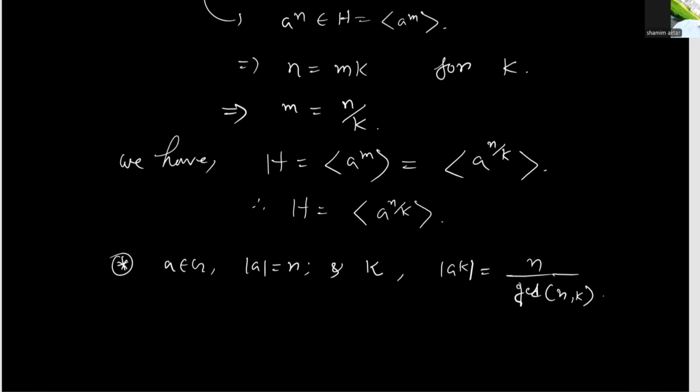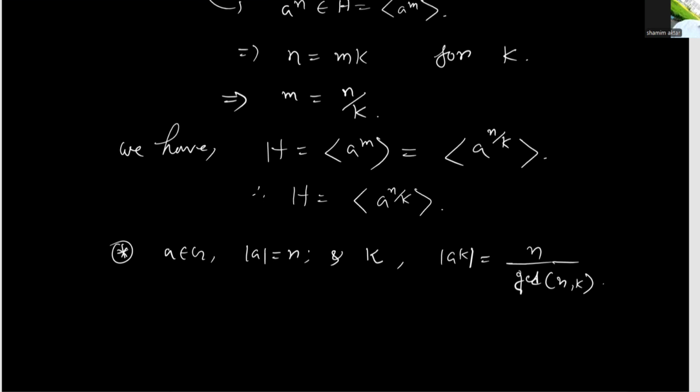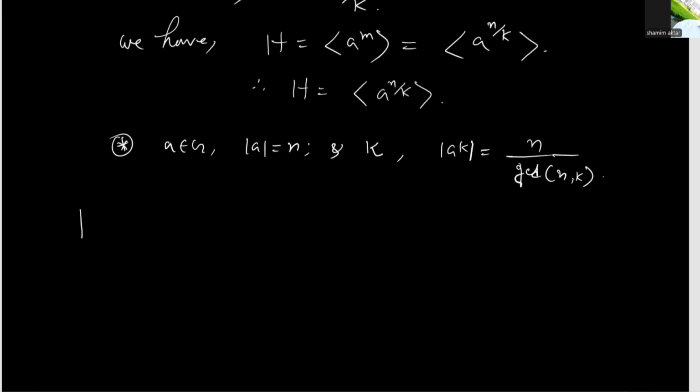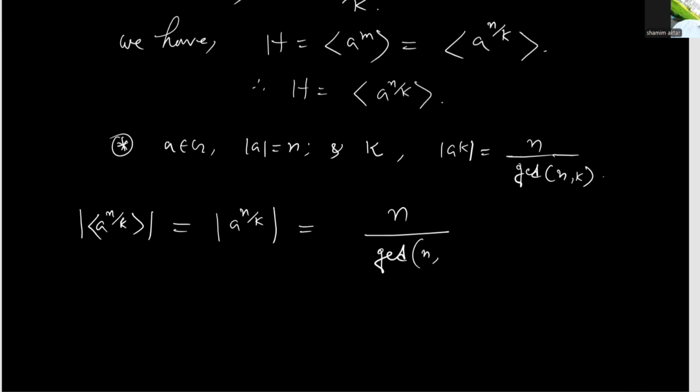Now using this result, the order of the generator of A to the power n by k equals the order of A to the power n by k, which equals n by GCD of n and n by k. This equals n by n by k, because GCD of n comma n by k equals n by k, so this equals k.